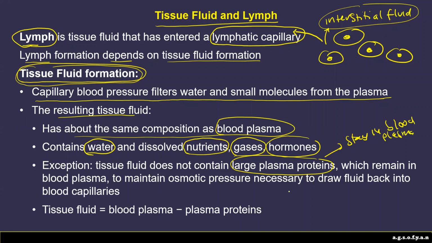Okay, and of course, red blood cells. Okay, red blood cells will also stay in the blood plasma. And tissue fluid is the same as plasma minus plasma protein, which stays in the blood.